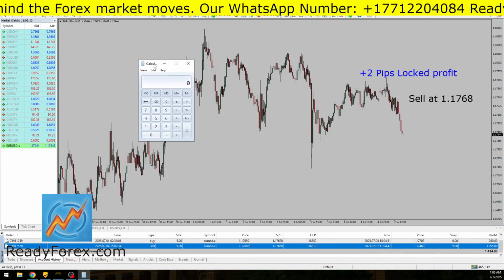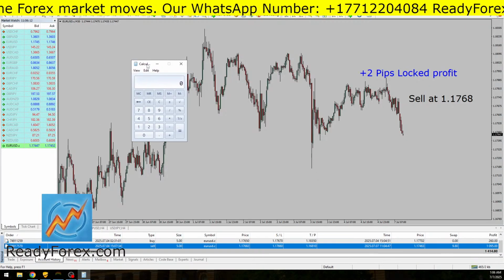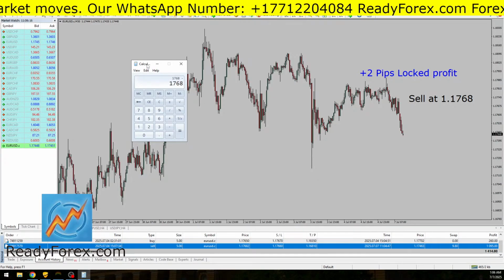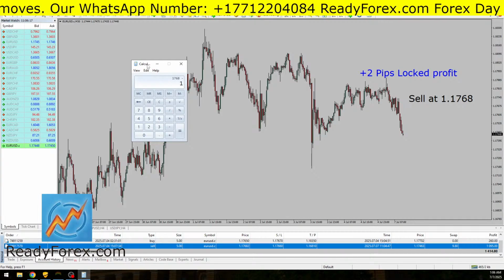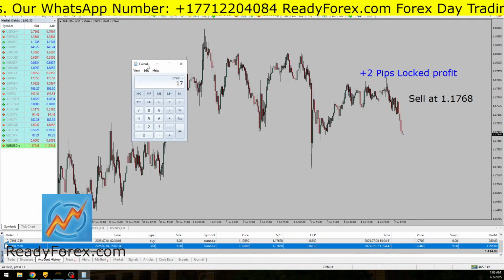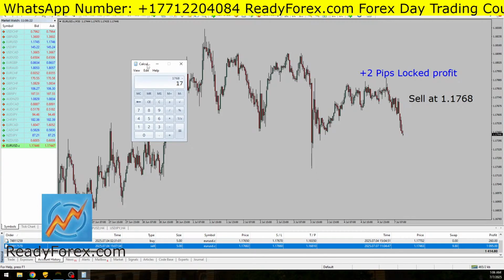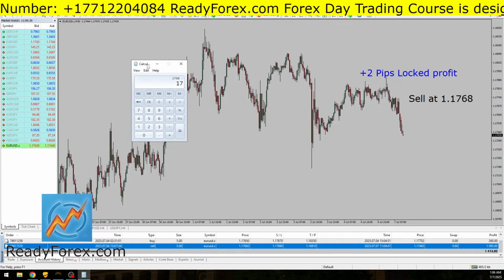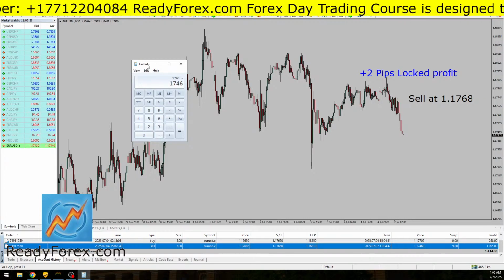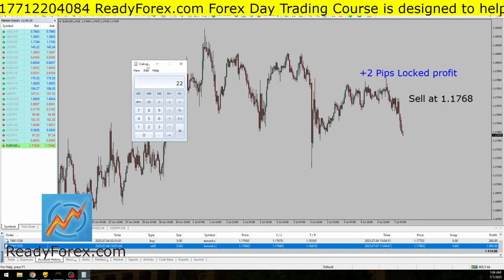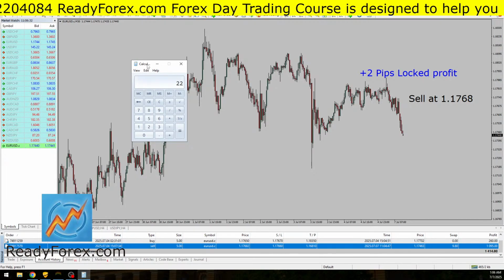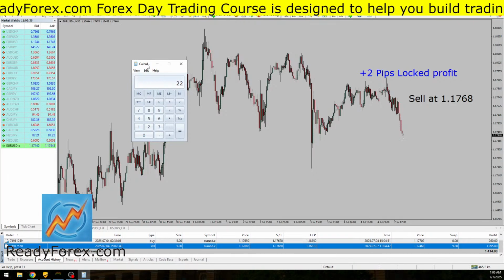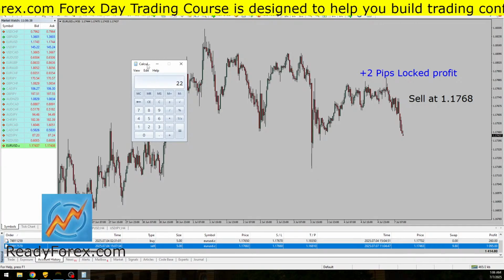Okay, so the sell entry was 1.1768 and the trade closed at 1.1746. So how many pips? About 22 pips, a profit of plus 22 pips.